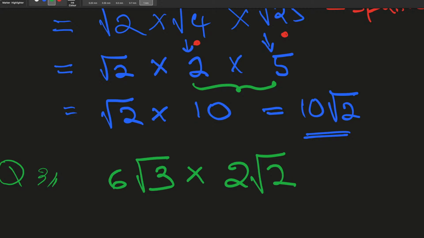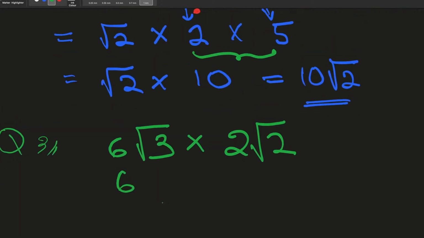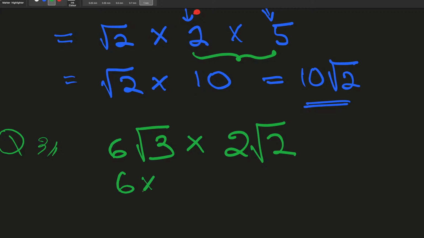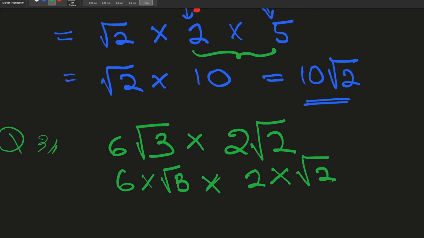We know right from the start that 6 is multiplying root 3, and 2 is multiplying root 2. Let me write it clearly.